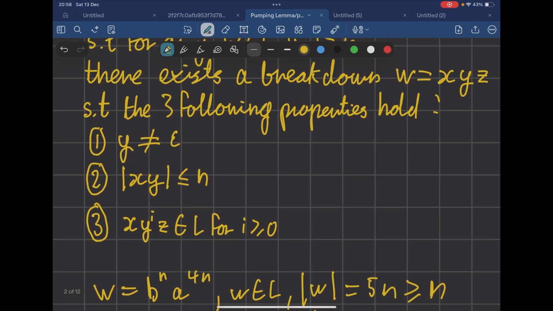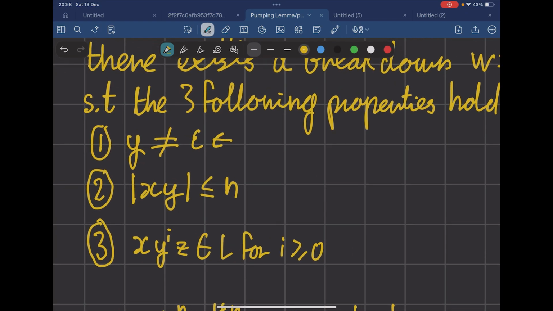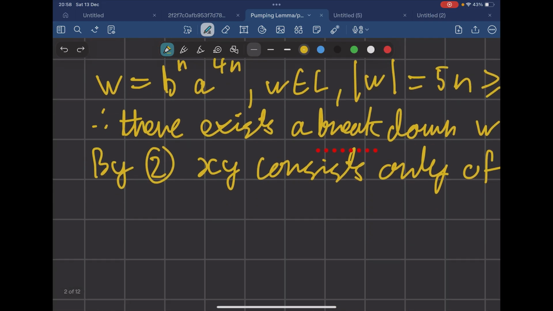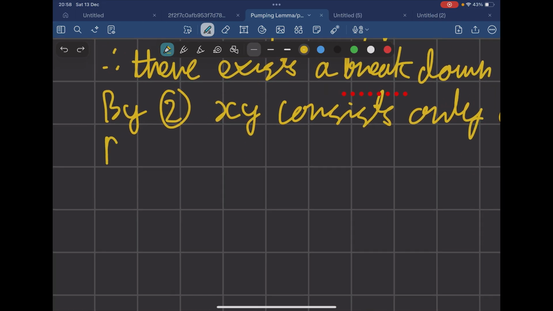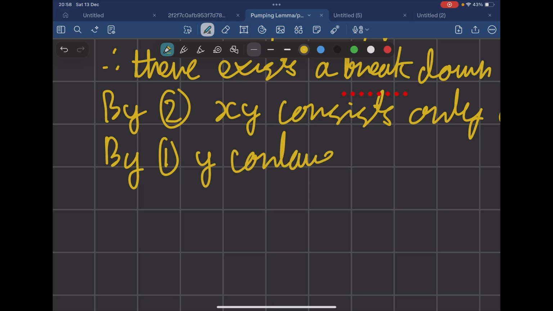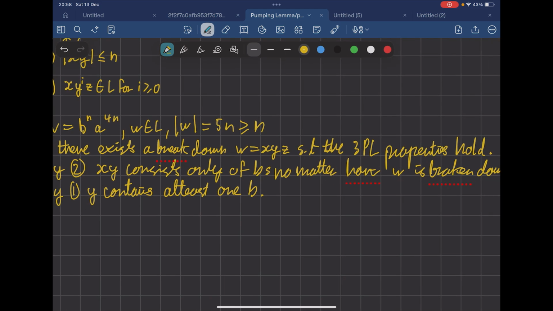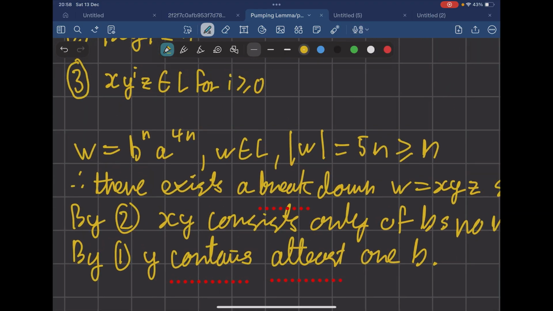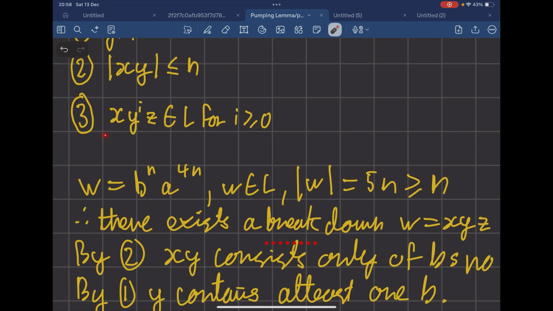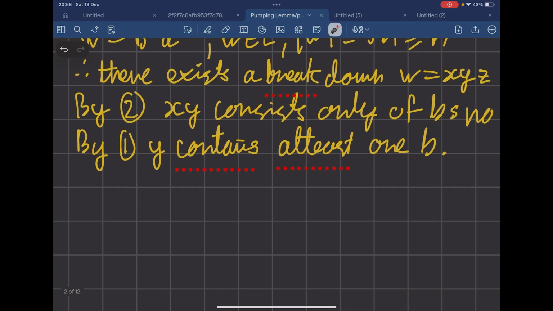And so because y is non-empty and xy as a whole contains only b's, y must contain at least one b. So by property 1, y contains at least one b. What that tells us is that if we pump the string up or down, so we either remove y or repeat it any number of times, we'll be either removing or adding at least one b to the string.